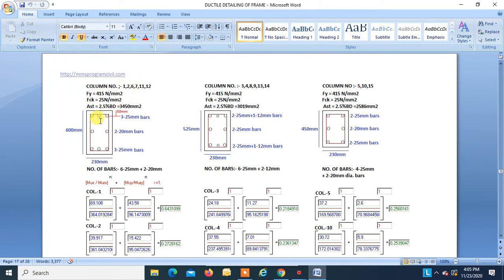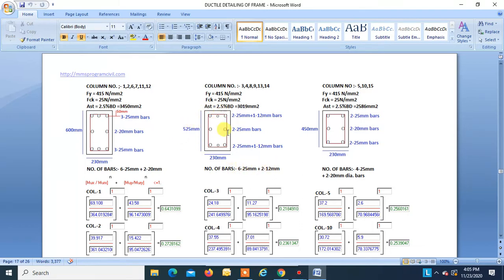This column size is 600 by 230 mm, and we have taken 2.5% steel, which turns out to be 6 number of 25 mm plus 2 number of 20 mm bars. Column number 3, 4, 8, 9, 13, 14 is 525 by 230, number of bars is 6-25 plus 2-12.